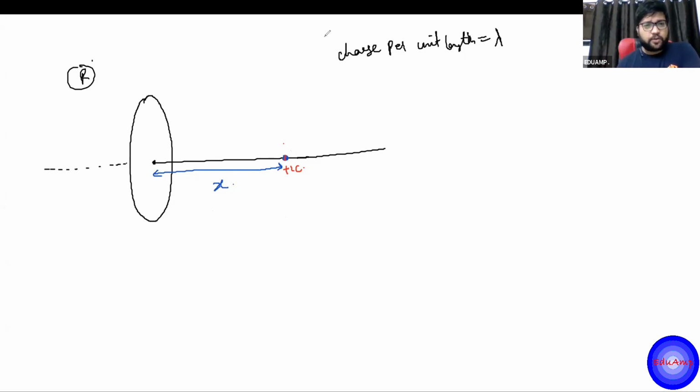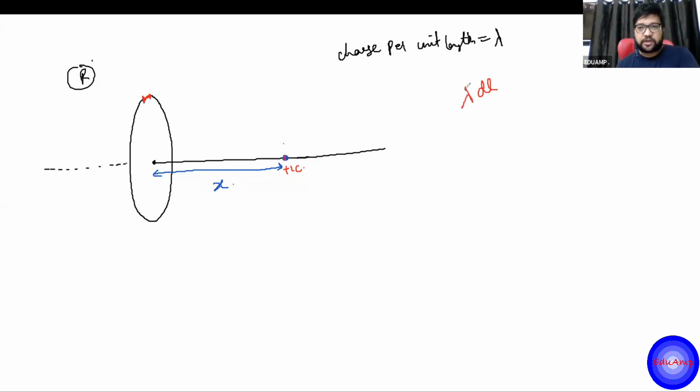So what we do, this ring is made of small fragments. Let's take a small element of the ring, and let's say the length of that element, the red part, is dl. We are not going to integrate or anything. So what is the charge?